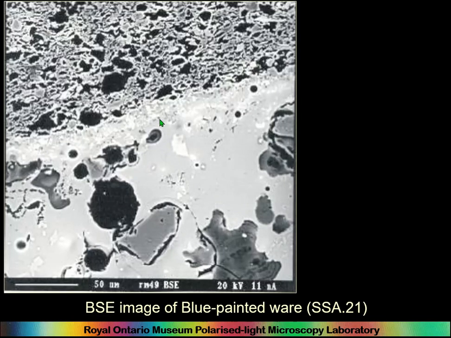But what they seem to have developed in the early Islamic period in Basra was they first started applying tin. At first it seems to just be on the surface. And so the dating evidence for this is that they would have started in the 8th century.